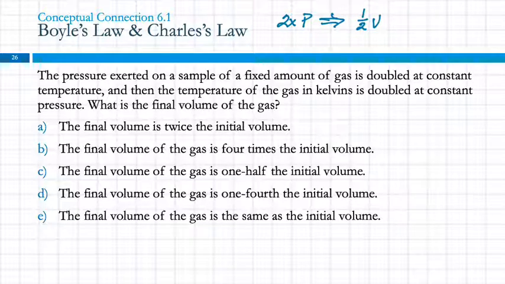And then it says the temperature in kelvins is doubled. So if I go 2 times the temperature, what does that do? Multiplies by 2. So then I've got 2 times 1/2 the volume. I'm back to my original volume.